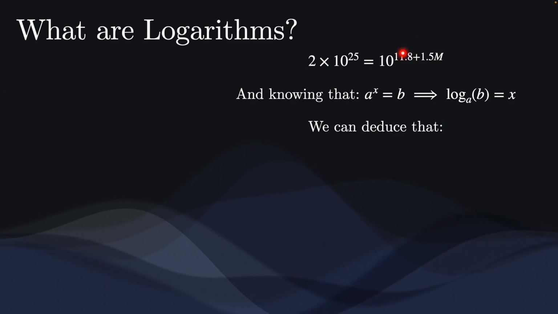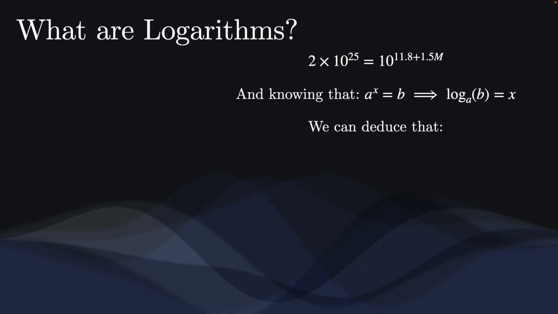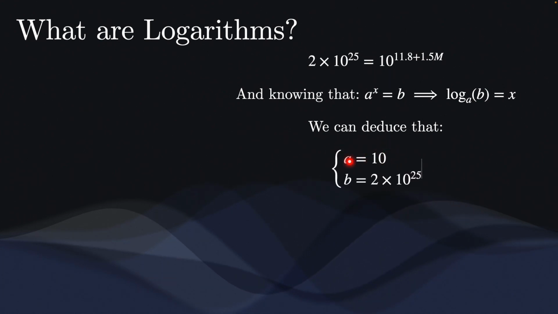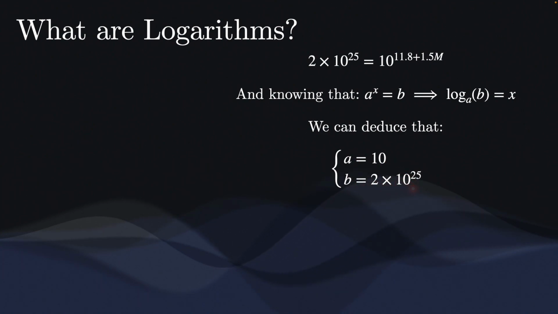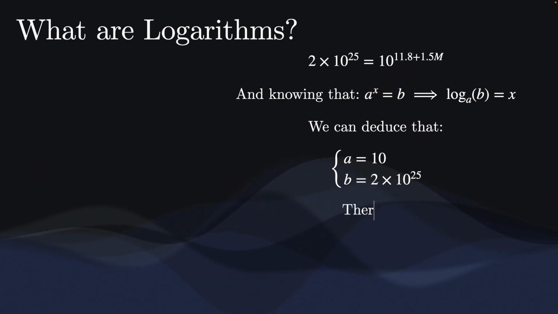So let's substitute this into this equation. We can say that a is equal to 10, because we have 10 to the power of what we're trying to find, and b is 2 times 10 to the 25, because a to the x is equal to b.